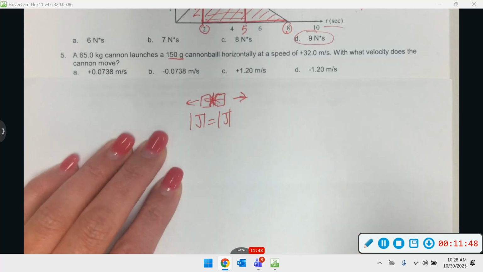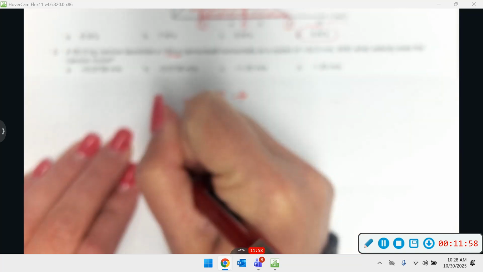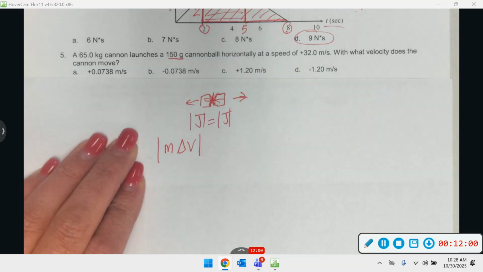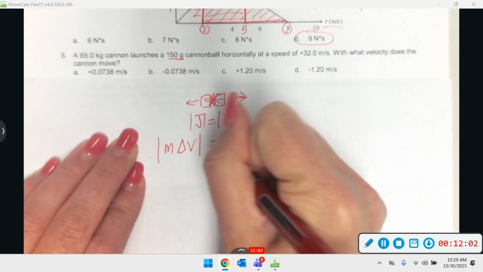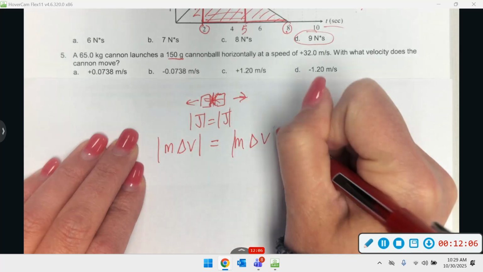And impulse is equal to force times time, but that's less useful here. Impulse is also equal to change in momentum, which means the mass times change in velocity, and again, absolute value. The mass times change in velocity of one of them equals the mass times change in velocity of the other. They're equal in magnitude.